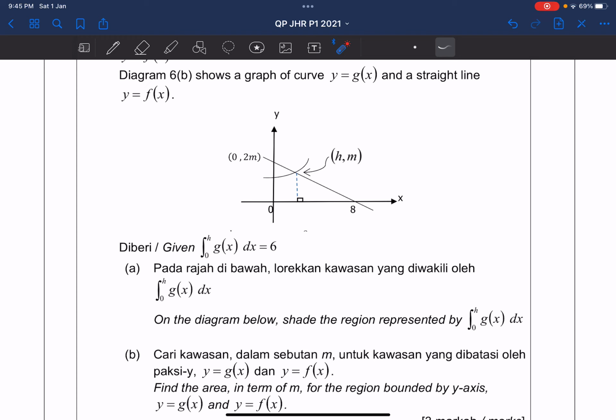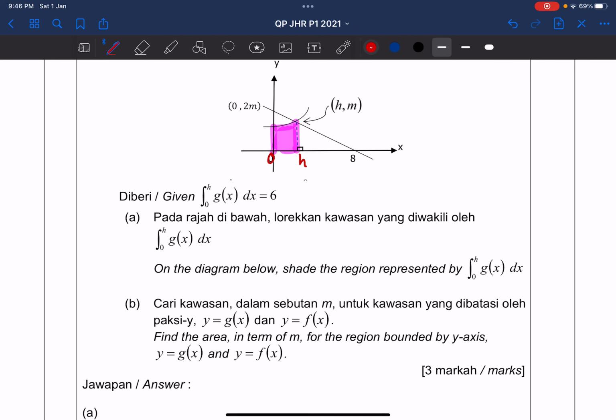And they want us to shade the region represented by these integrations. So they integrate with respect to x. So h would be here, 0 would be here. So when they integrate, the region should be here, this region. Okay, that's the region for question A.